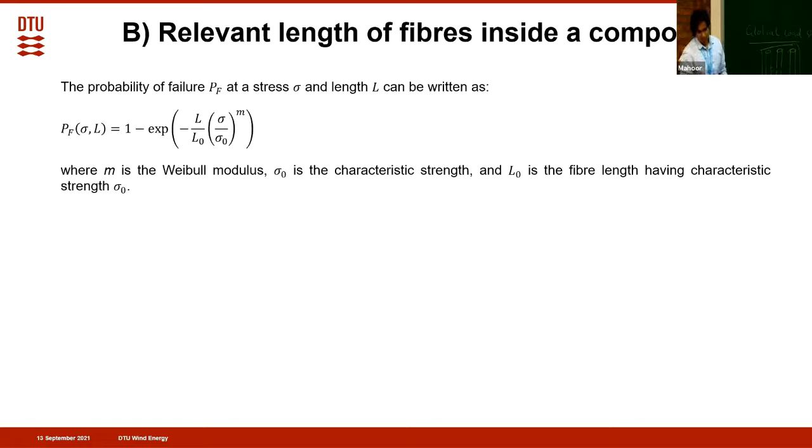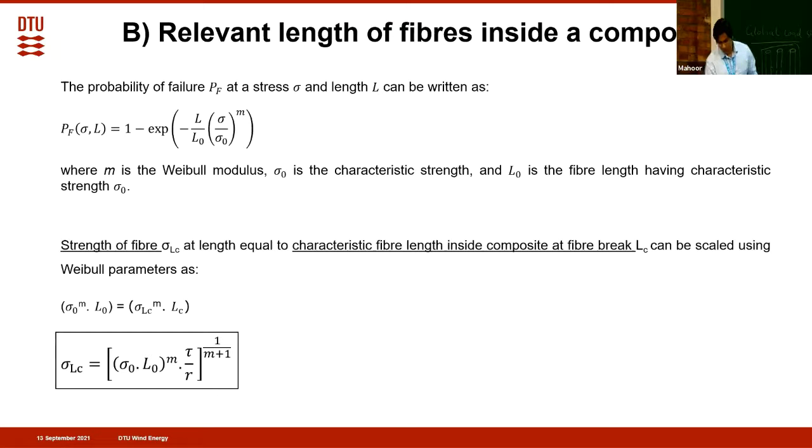Now, I have discussed that when we test only single fibers, not in a matrix, the fiber fails at a single point and the test is done. But what is the length of the fiber inside a composite that is relevant? We can use the same Weibull principle and find the probability of failure at a stress level and length.